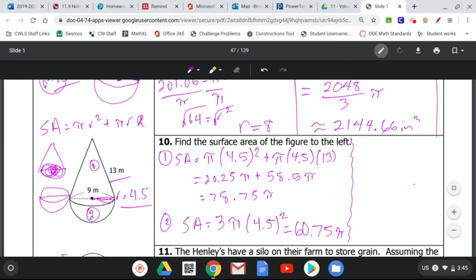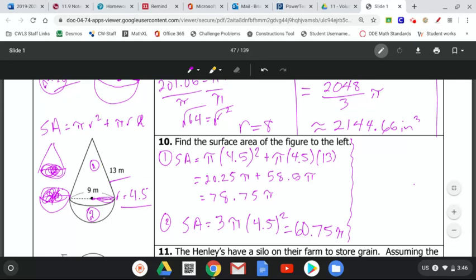And if you notice, that circle that I'm talking about is a great circle. So the cone and the hemisphere intersected at a great circle, so that when we found the surface area of these two, it included the surface area of the great circle. Well, we don't want that because we put them together. That great circle is not on the outside of the figure anymore. It's on the inside. So it no longer pertains to this shape.